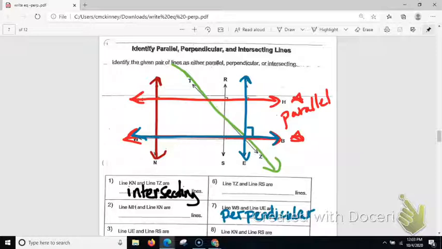Thinking of our street examples again, Main Street and 8th Street would be perpendicular. They meet at a nice right angle, making 4 corners, 4 90-degree angles. Oftentimes streets that are avenues, for instance Nickel Avenue, are at a slant.